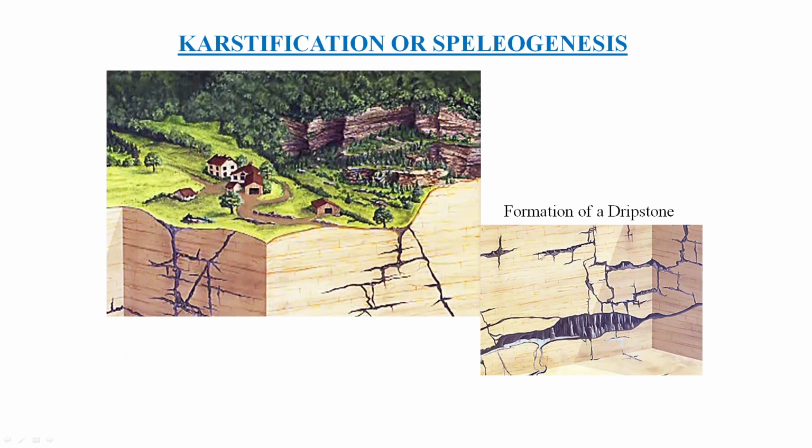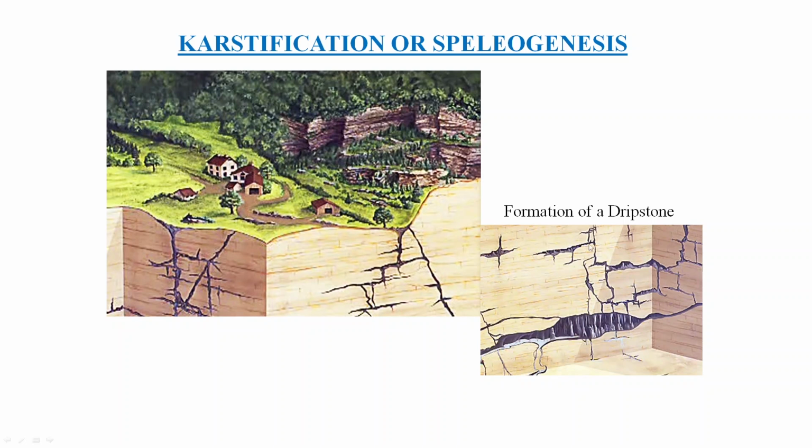So, you have again a sectional view. Here you can see that, for example, the groundwater level has gone below this level, but the fractures or joints that were present in the horizons are still present in the rock horizon.